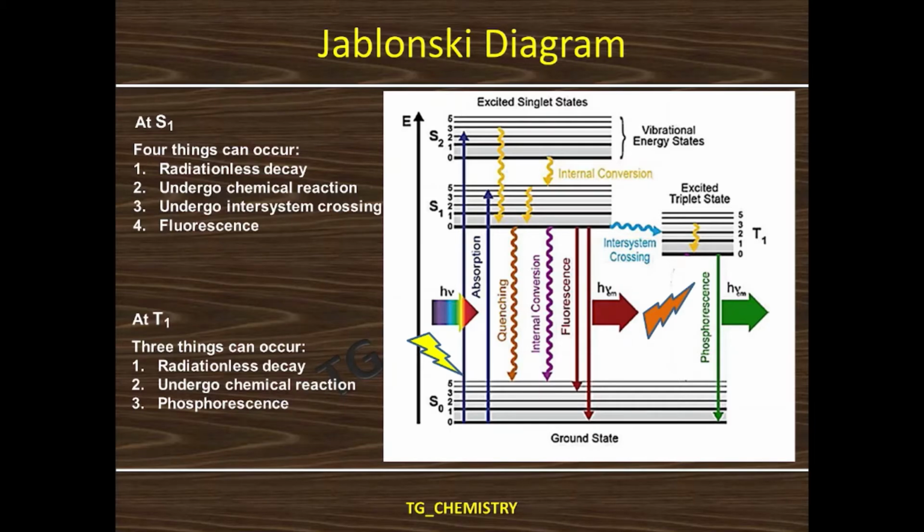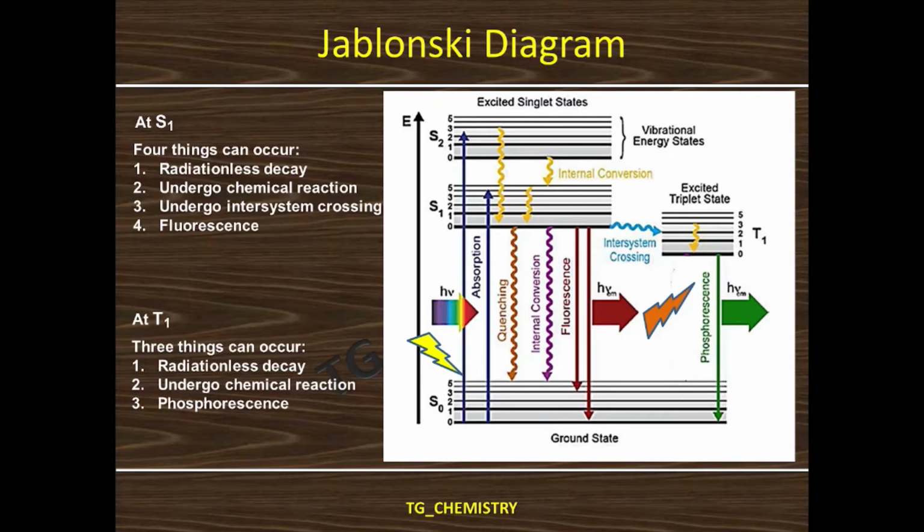Now from here, a few things can happen. First is the internal conversion, which is the energy dissipation or conversion. The distinction between the singlet and the triplet state is important here, because photon-induced absorption always leads to a state of the same multiplicity. That is, it can go singlet to singlet or triplet to triplet.